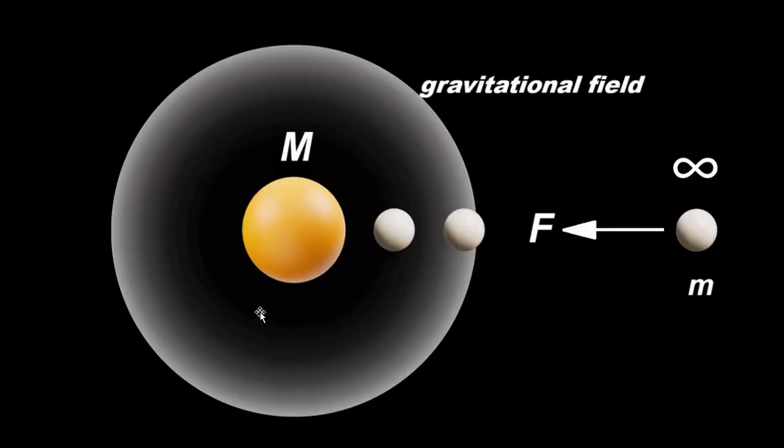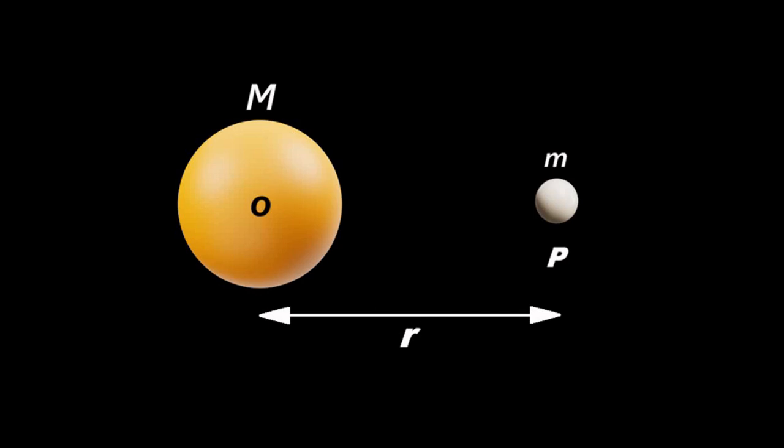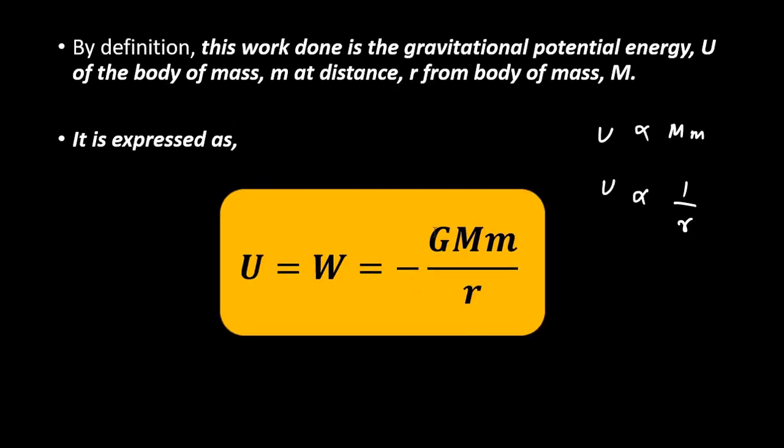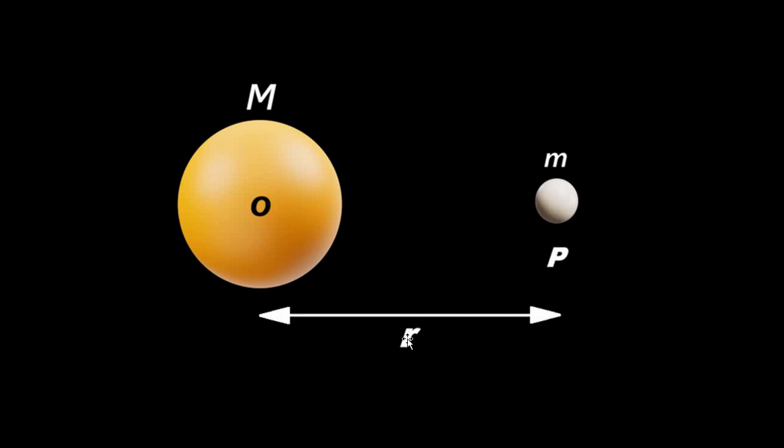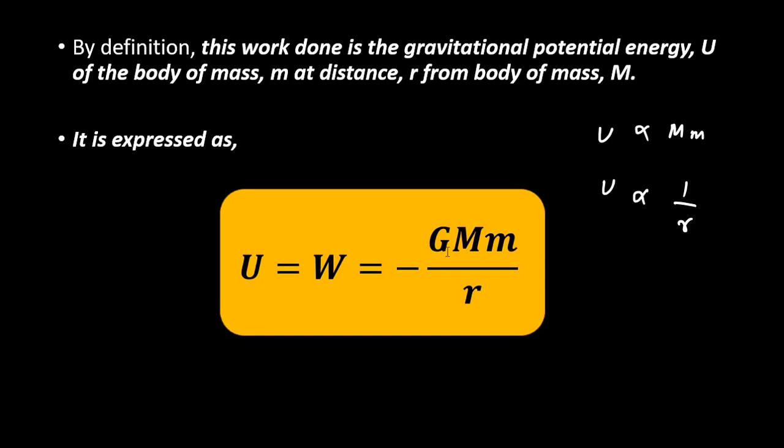For any two objects with a certain separation distance, the gravitational potential energy is given by minus G capital M small m by r, where capital M and small m are the two masses, and small r is the separation distance between them. The negative sign indicates that the work is done by the gravitational force.